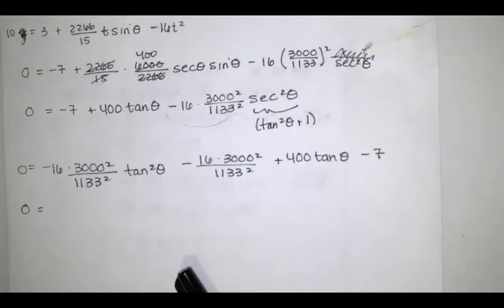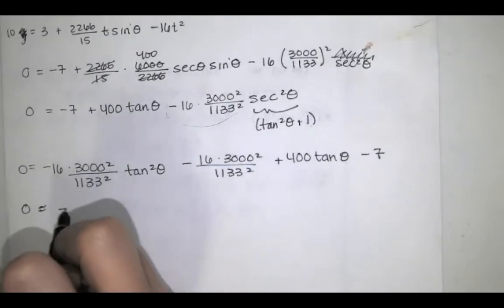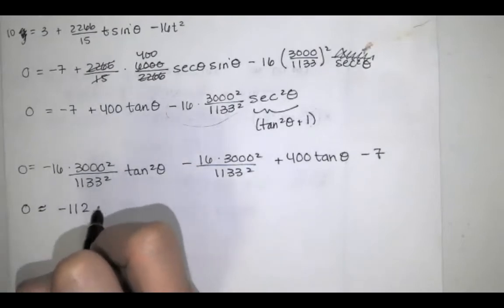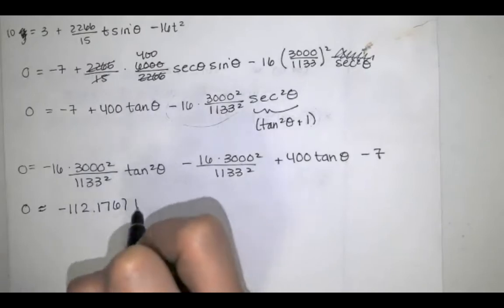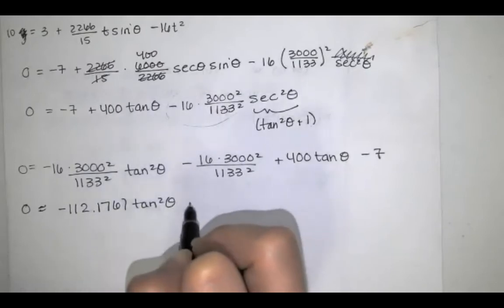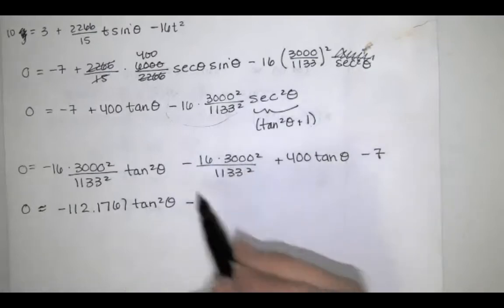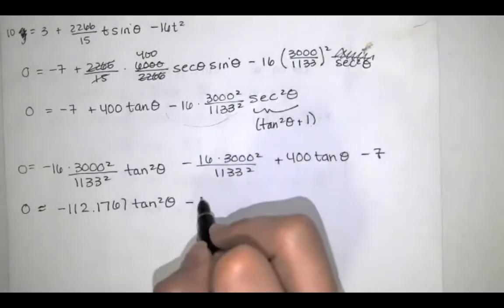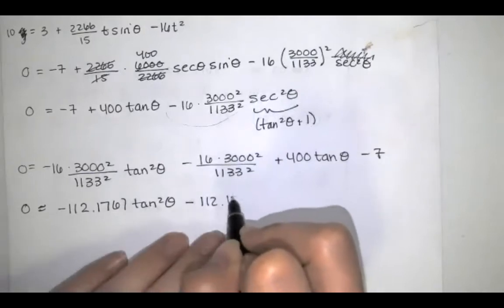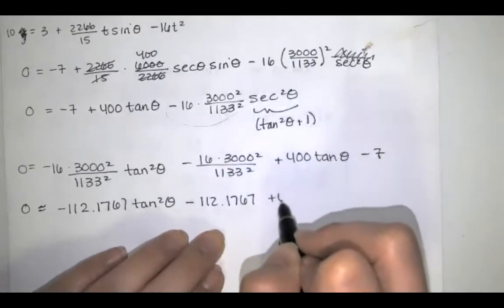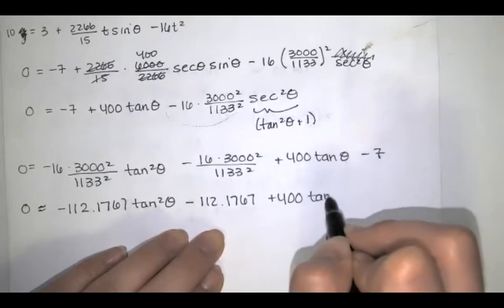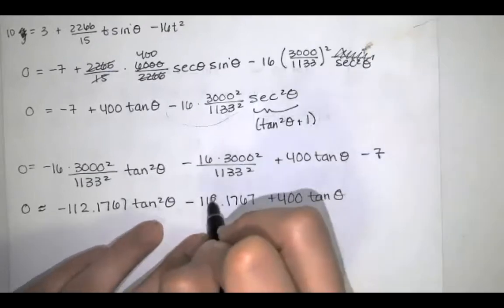Let's simplify those ugly coefficients. So I've got negative 16 times 3,000 squared divided by 1133 squared. So I have approximately negative 112.1767 times tangent squared here, minus, well, that's the same quantity, and then we're subtracting 7 from that.